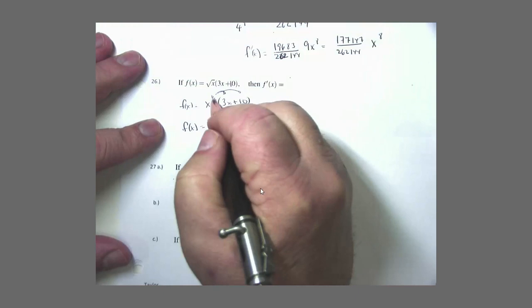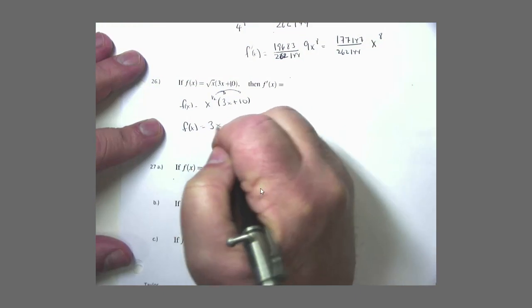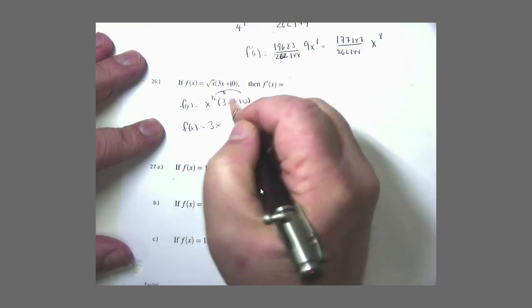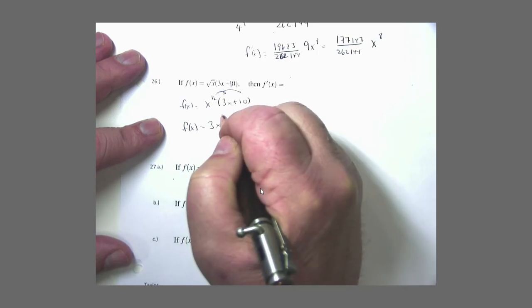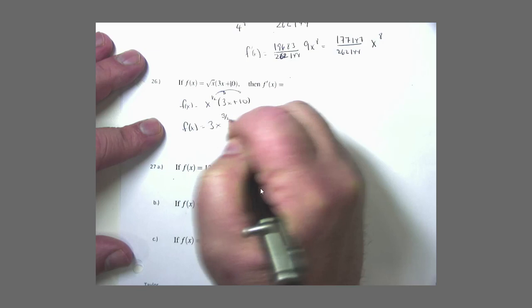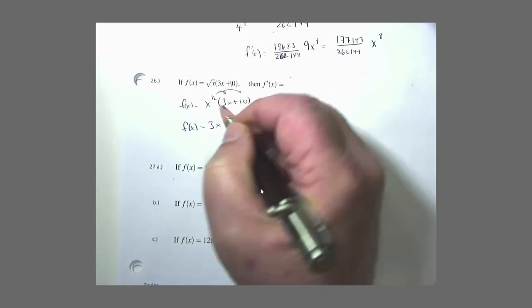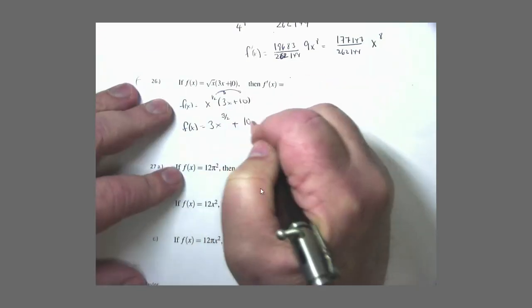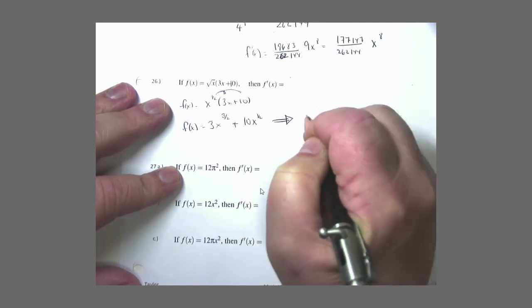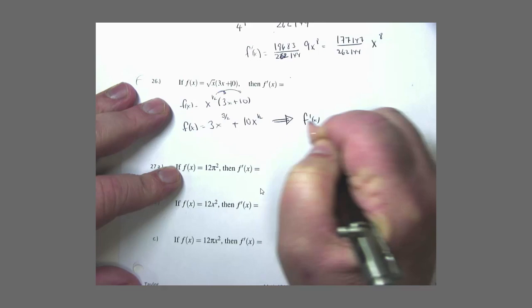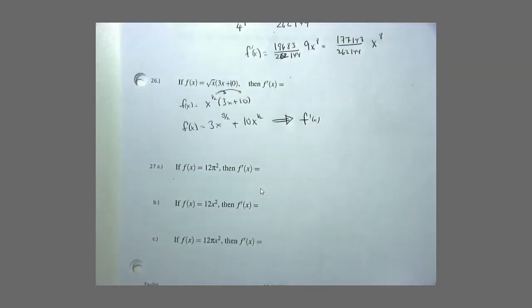So x to the 1/2 times 3x would be 3x to the 1/2 plus 1, which is 3/2. Plus, distributing the x to the 1/2 to the 10, that gives me 10x to the 1/2. So that's the trick. Always, any kind of derivative, you clean them up first.